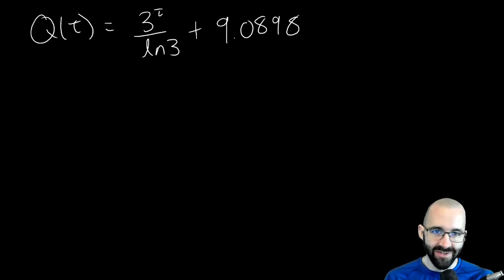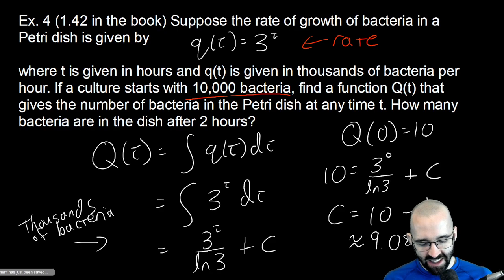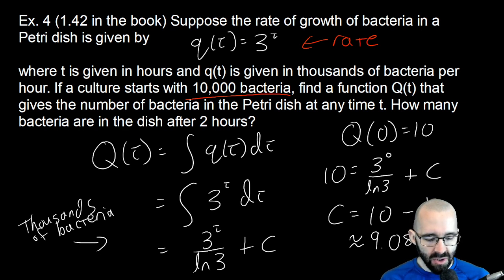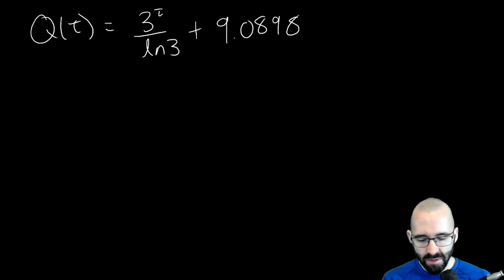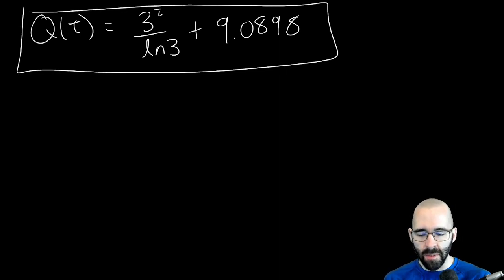Well, that's a good question. It'd be fine either way. Well, actually, the original C would be 9, I think, not 10. Anyway, our C is about 9 point whatever. Okay. And so that's the first part. That's the formula for the bacteria.